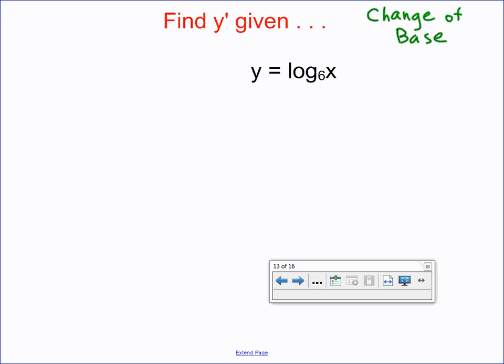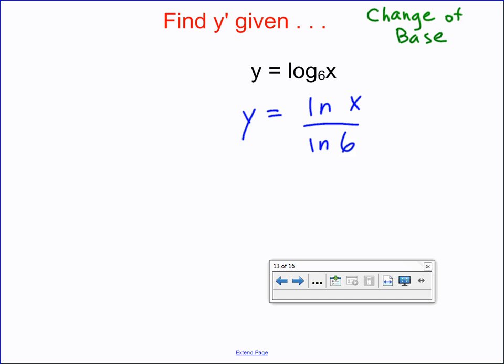Recall that we can rewrite a log of any base b of x as the natural log of input over natural log of base. And so I'll again do a rewrite, not calculus, not differentiate, but rewrite log base 6 of x as ln of x over ln of 6 before differentiating to find y prime.